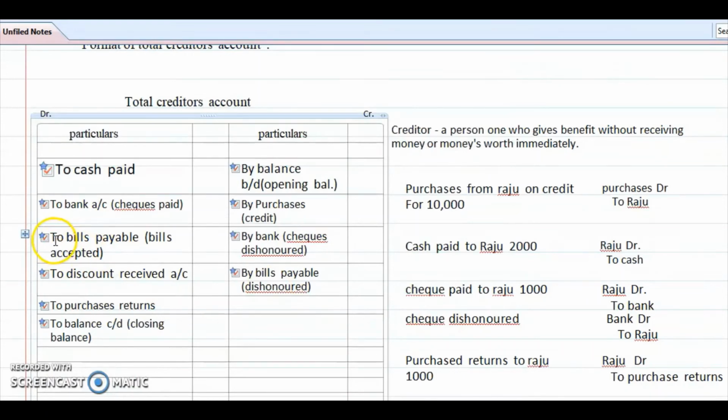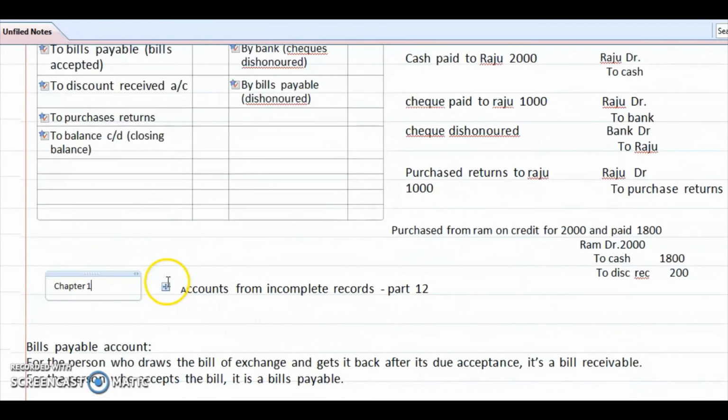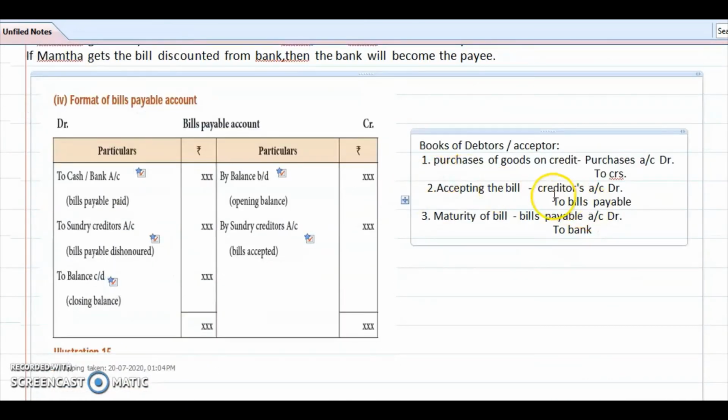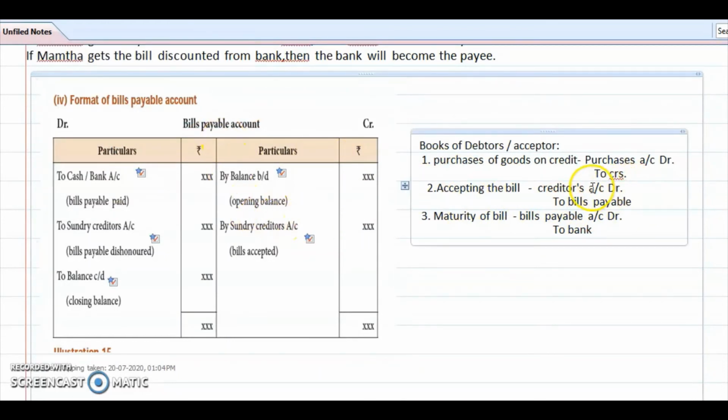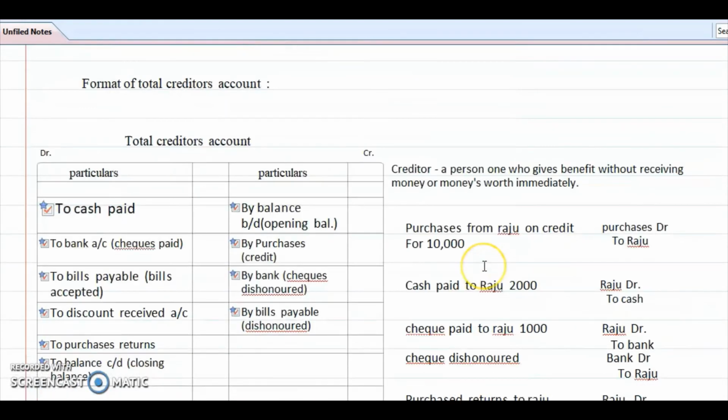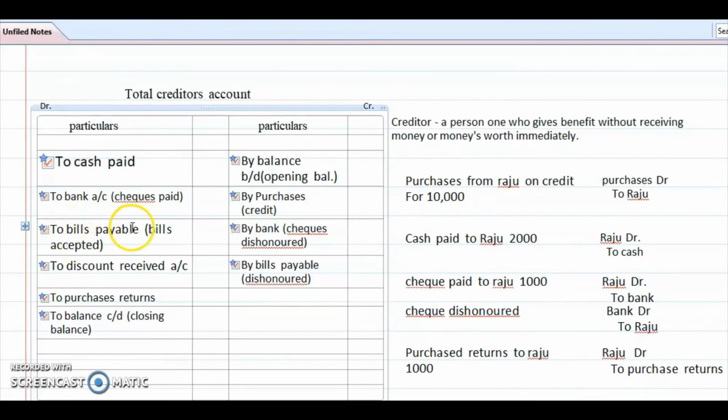So to bills payable on the debit side. Creditors account debtor to bills payable; in bills payable account we have written creditors. In the same way, in the creditors account we have to write to bills payable on the debit side.